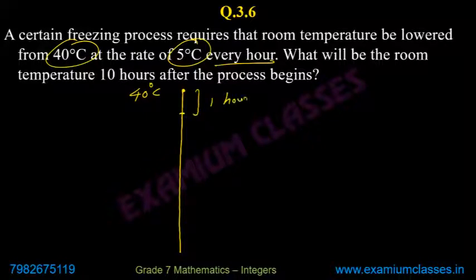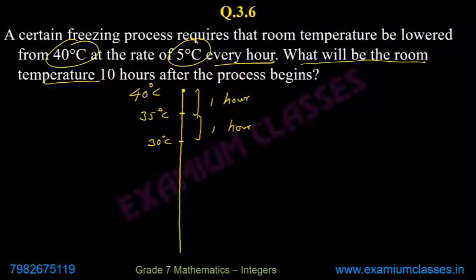So in 1 hour, it will be 35 degrees Celsius. It will get reduced by 5. Then again in the next 1 hour, it will go to 30 degrees Celsius, again reduced by 5 degrees Celsius. Question is, what will be the room temperature 10 hours after? It means for every hour, I am reducing it by 5.